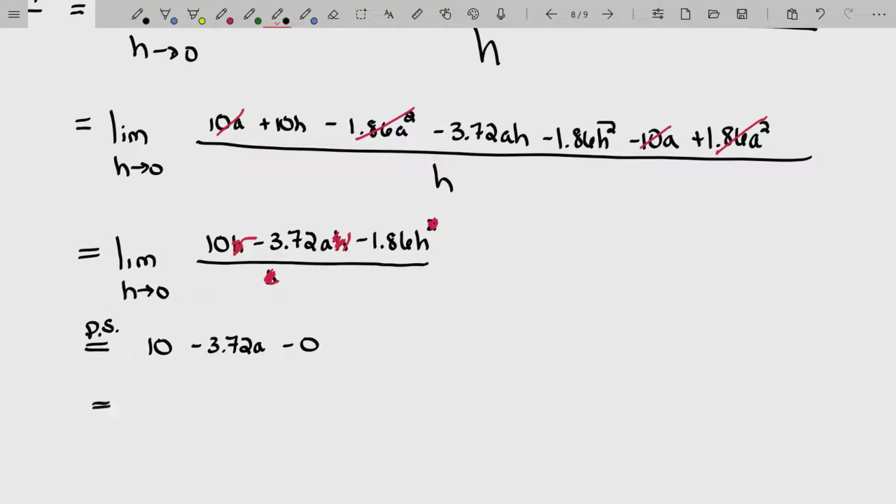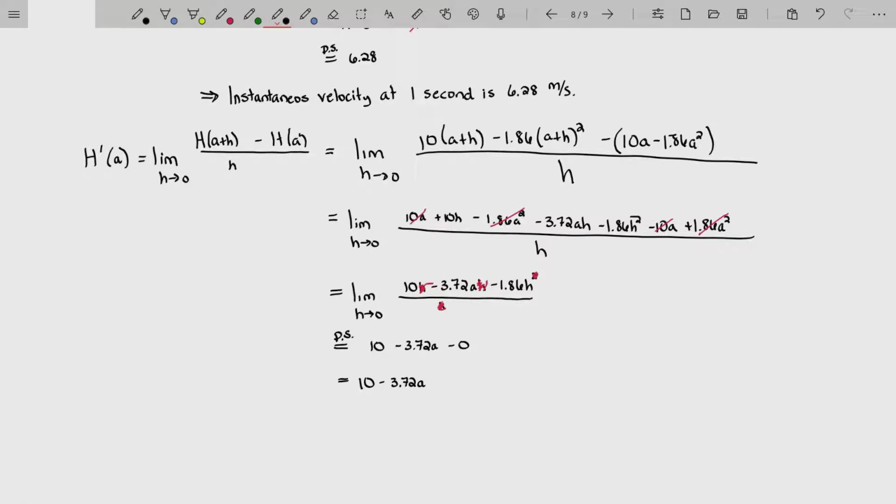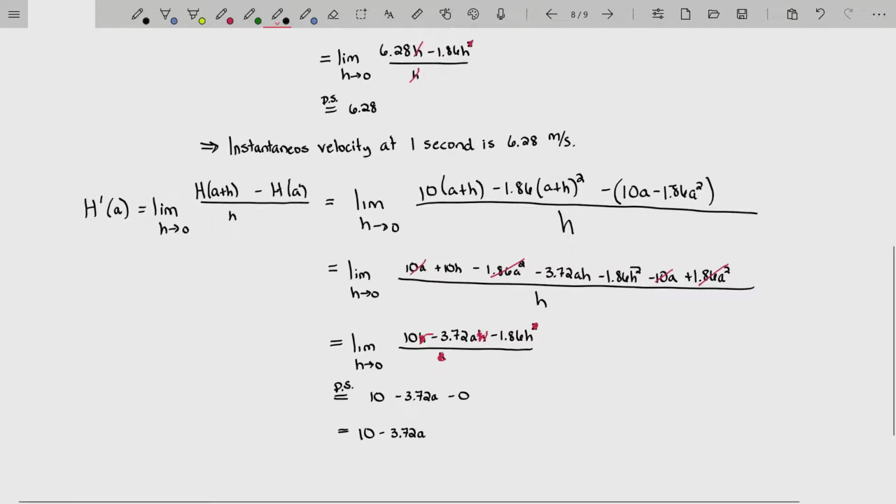This is actually equal to 10 minus 3.72a. That is actually the instantaneous velocity at time a. So if somebody said, well, what if time was 1? You'd plug in 1 for a, and you would get 10 minus 3.72, which is 6.28, which is what we found earlier.